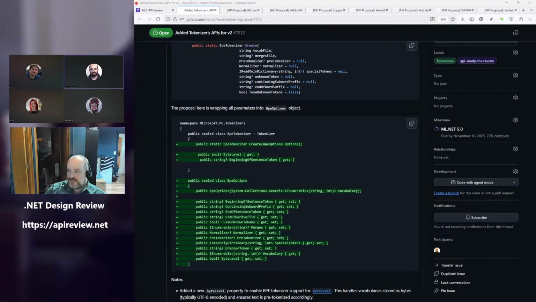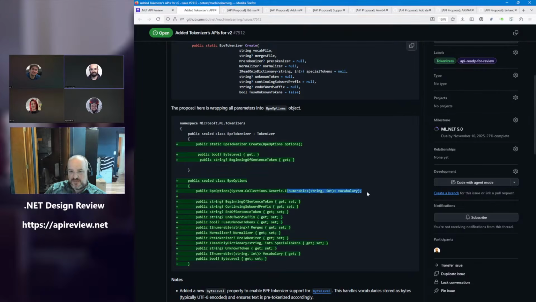One extra note I want to mention here is we are passing the vocabulary to the options as an enumerable, and this is because we need to give flexibility to users to read the vocabularies from any source and pass them to us, so we don't have to restrict it to some specific format like JSON or something like this.